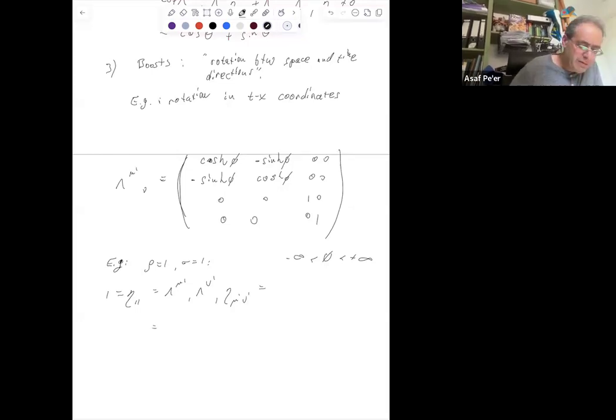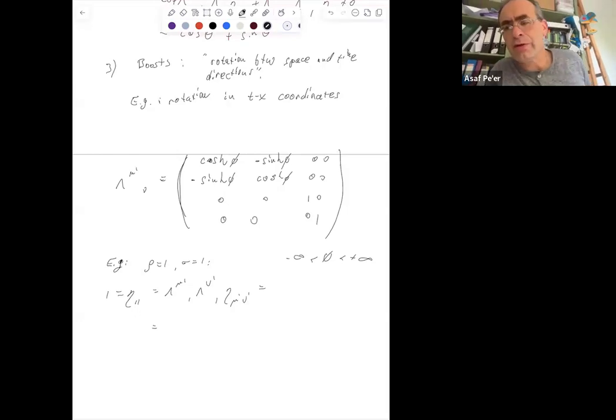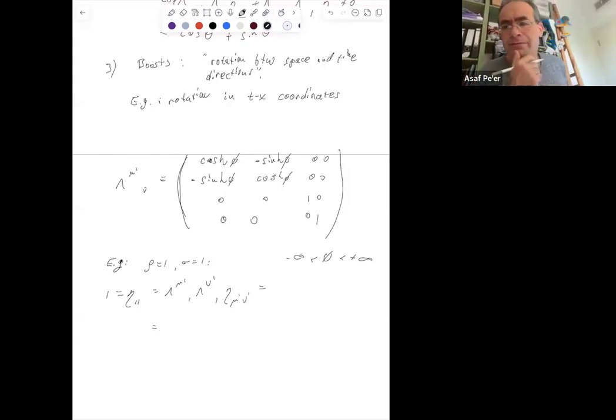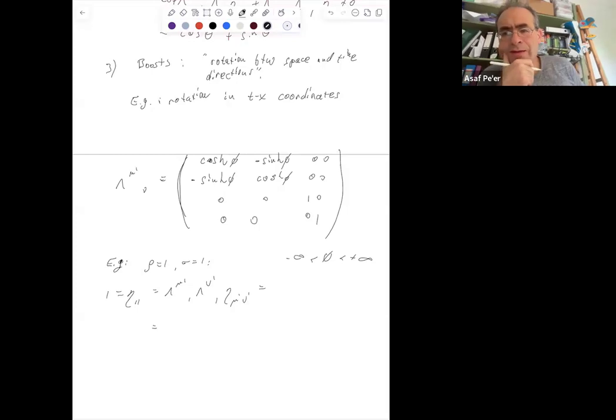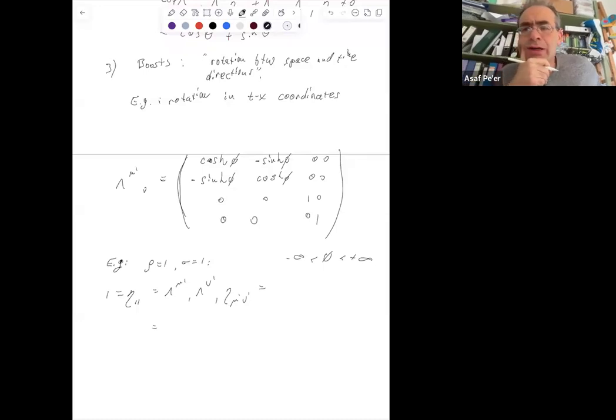Of course, we have a total of 16 components, but most of them are going to be 0. First, every component in which mu prime is different than nu prime is 0 because of the eta. That leaves us, out of 16, only 4. 12 we already know are 0. And out of these 4, which ones are not 0?